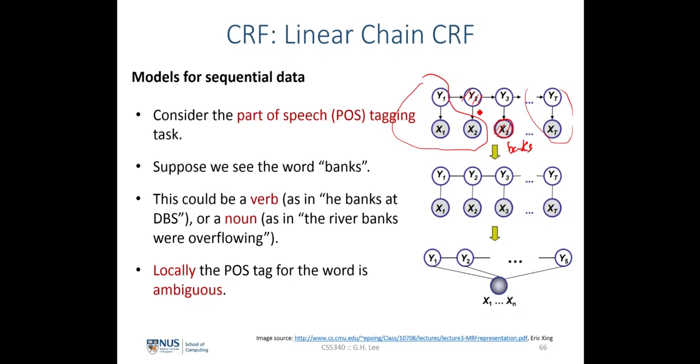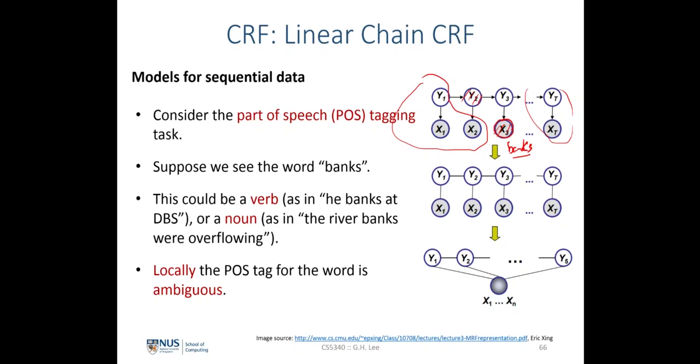And it makes it hard to distinguish whether this word bank could be a noun or a verb, because in fact this word banks can be both a noun and a verb when it's used in a daily English context. Without knowing the global context of the whole sentence, it becomes ambiguous.